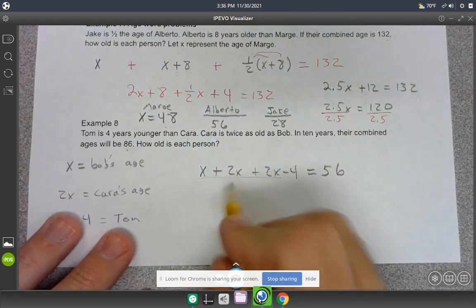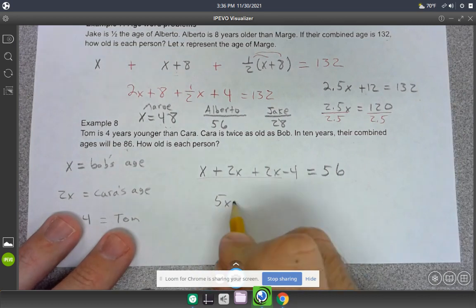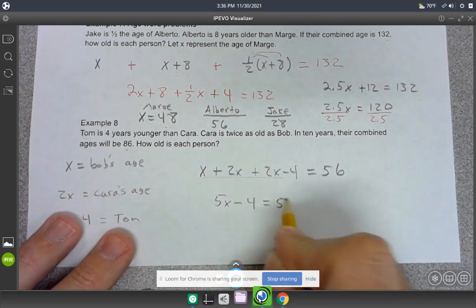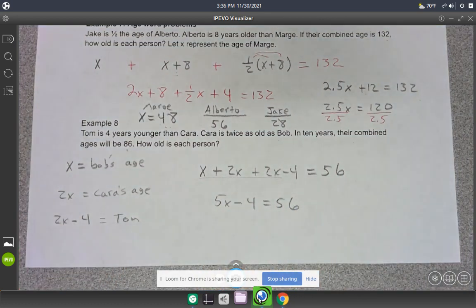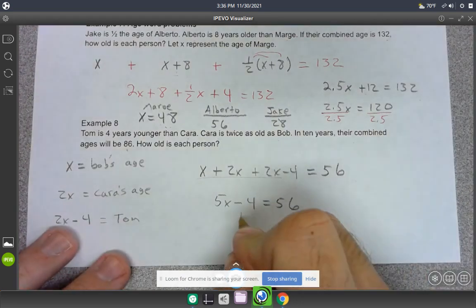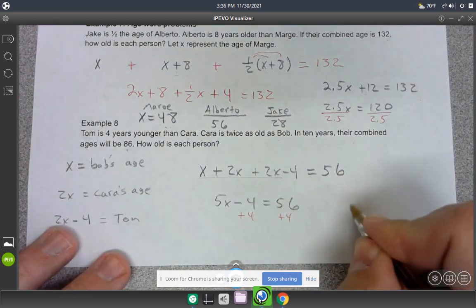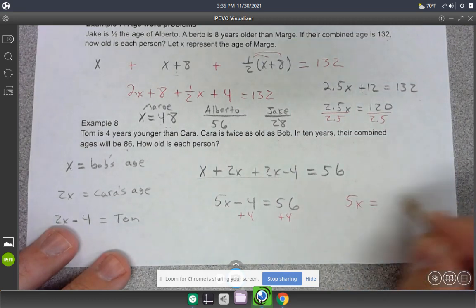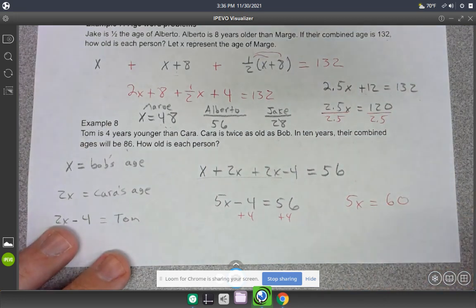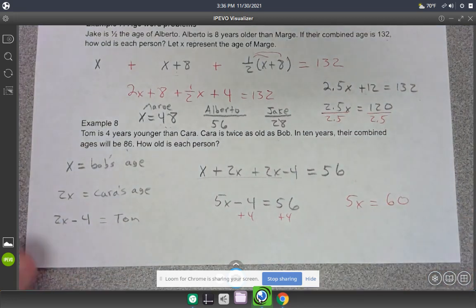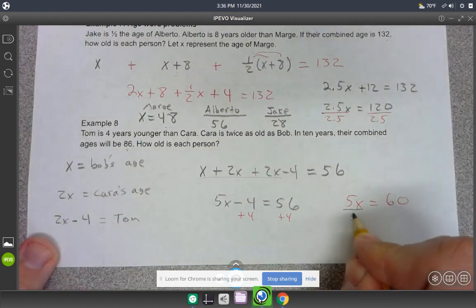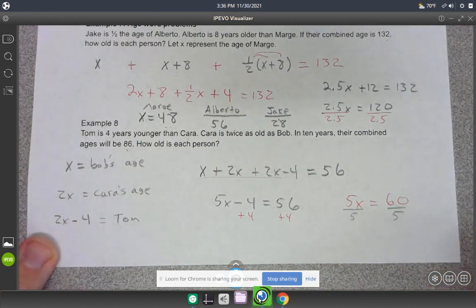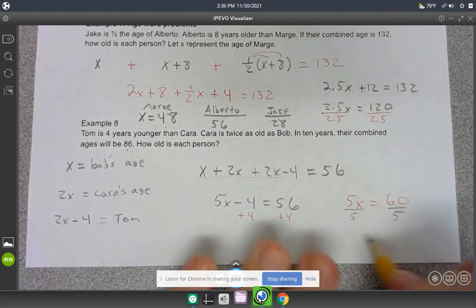This is going to be 5x minus 4 equals 56. Add 4 to both sides. You're going to get 5x equals 60. And then divide by 5. There we have it. x is going to equal 12.